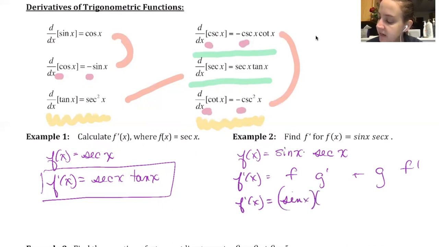The derivative of secant is secant tangent. G is secant x. And f prime is the derivative of sine, which is cosine. Is there anything we can do here? Not a whole lot. I'm seeing each one has a secant, so I could factor that to the front.